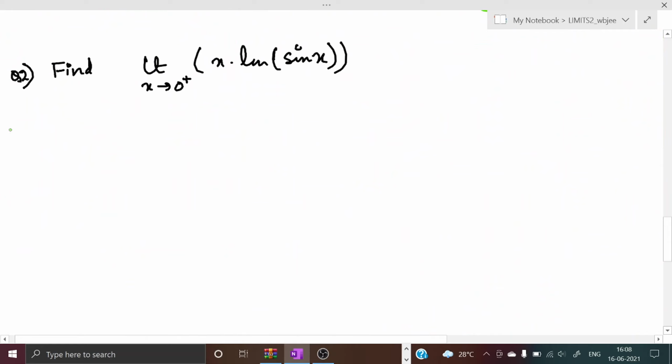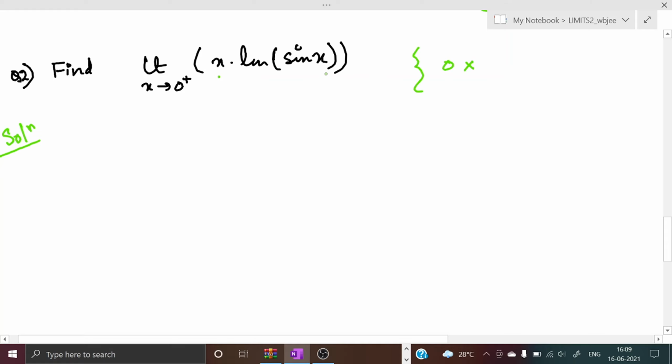Now this is the second question. So let us first see which kind of indeterminate form this is. As x tends to 0 plus, meaning the positive, right hand side limit, here you can see this is 0 into ln of 0, since sin 0 is 0.